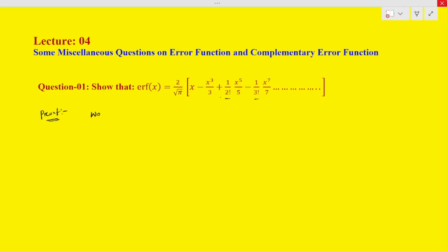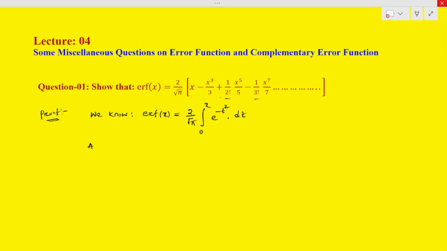For that, we know error function of x equal to 2 by root pi integration from 0 to x e to the power minus t square dt. Here t and x are dummy symbols, as we know.